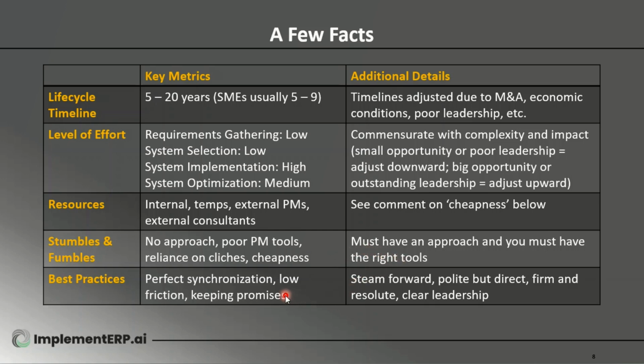And I'll just talk about the best practices real quick. I had a client with an internal person by the name of Melissa. I won't mention the company name, but she was a master at maintaining a terrific cadence. And that was an incredibly successful project, more than 30% under budget, 30% or more faster on the timeline. Just a remarkable example of how successful an ERP project can be.